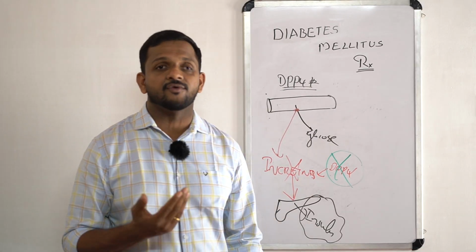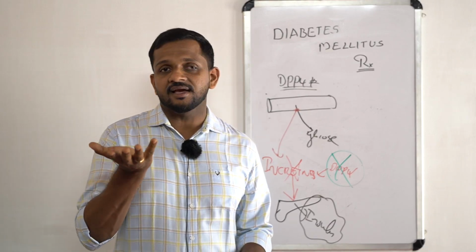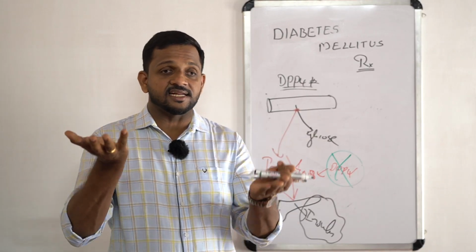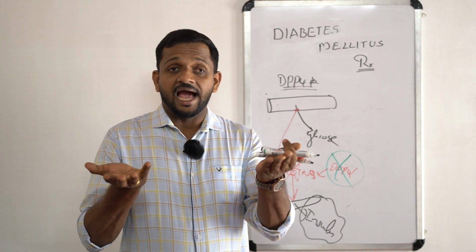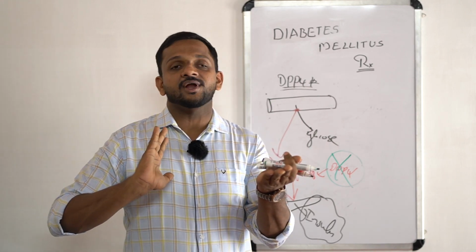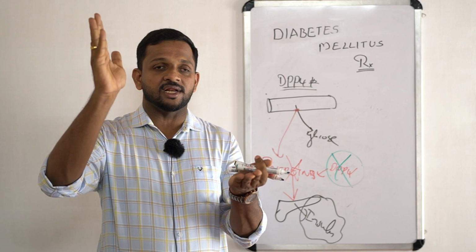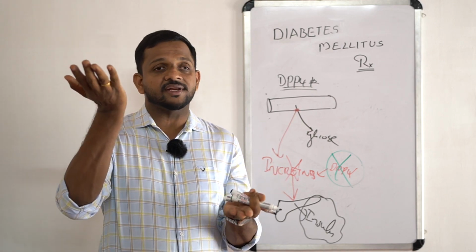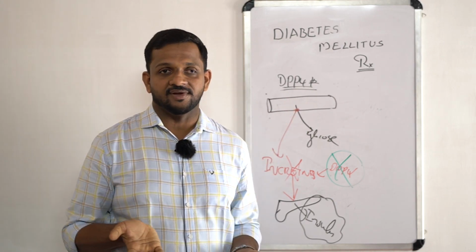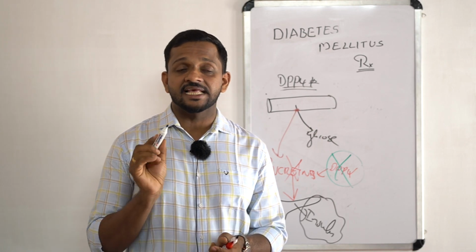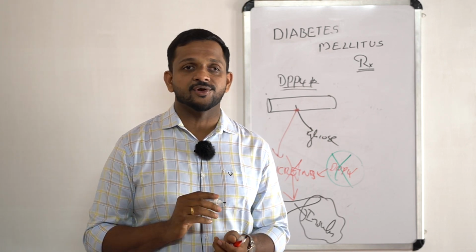When we take food, the levels of incretins are elevated along with the glucose levels. These incretins will stimulate the beta cells of the pancreas to secrete insulin, and that insulin level is also elevated along with the elevation of glucose levels. So there is less risk of hypoglycemia compared to sulfonylureas.